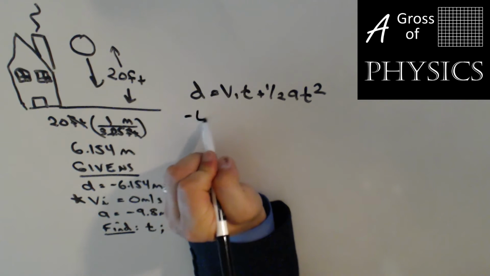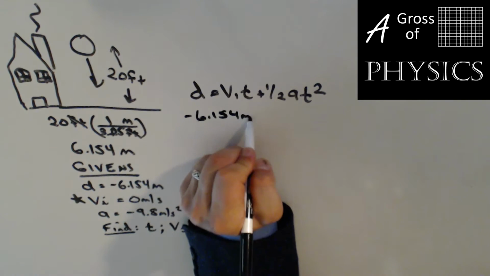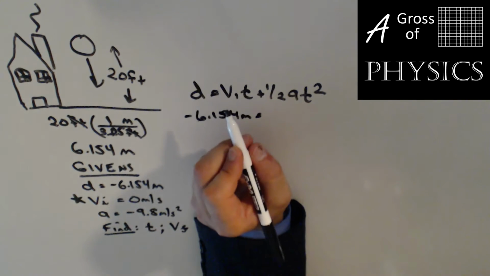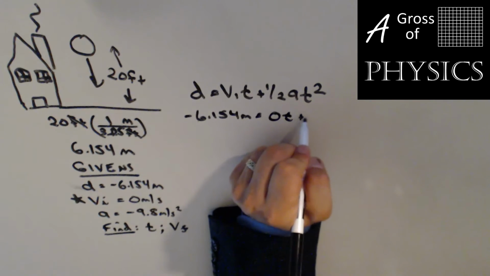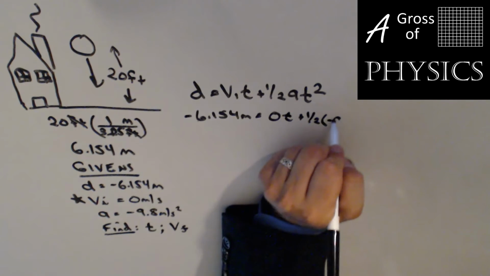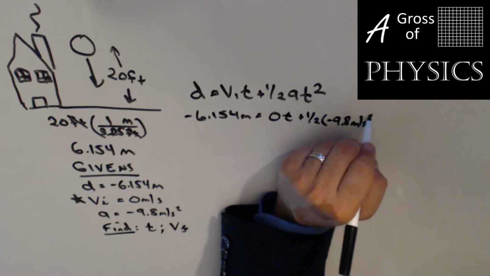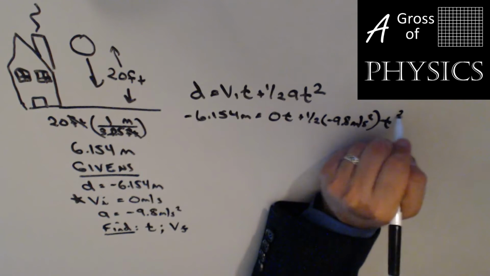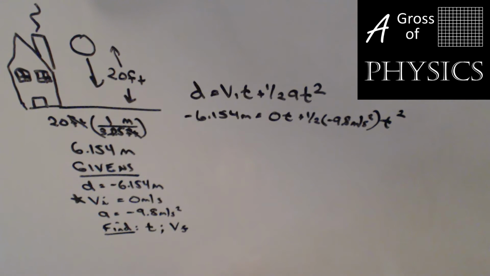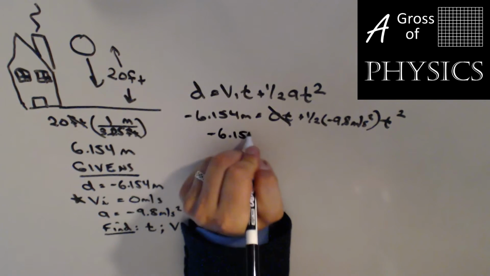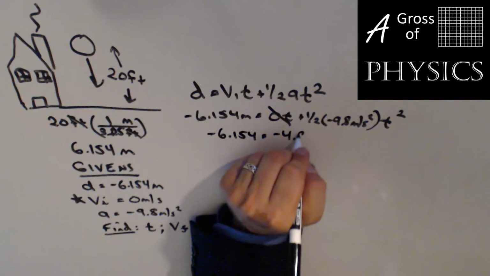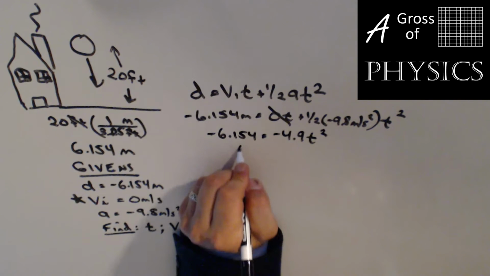D, negative 6.154 meters. VI, 0 times t, plus 1/2 negative 9.8 meters per second squared, t squared. Okay, this term cancels. We have negative 6.154 equals negative 4.9 t squared, and we could solve for t.